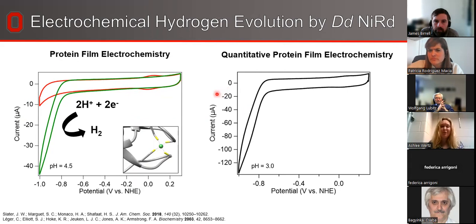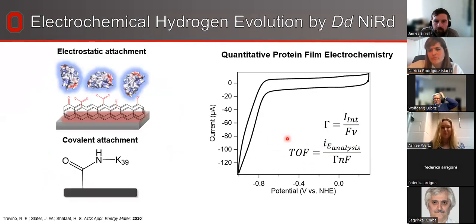By using a 50-50 mixture of nickel-2 rubredoxin and iron-2 rubredoxin, because the charge is the same and the size is the same, when we place them on an electrode surface, the coverage is the same. So by using the reversible peak from the iron, we can also know the coverage of the nickel. And by looking at the current 100 millivolts past the onset of catalysis and knowing the coverage of the nickel, we can then obtain a turnover frequency.